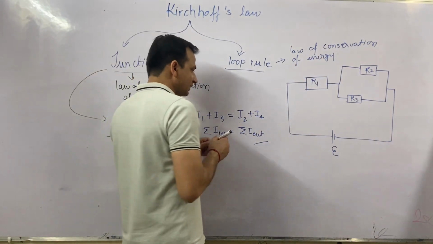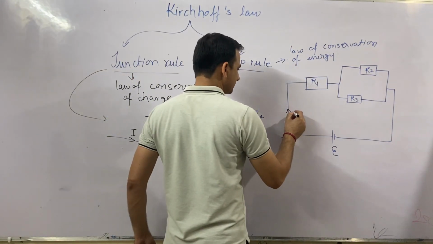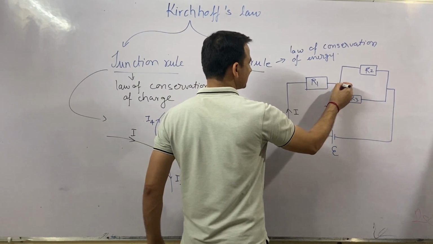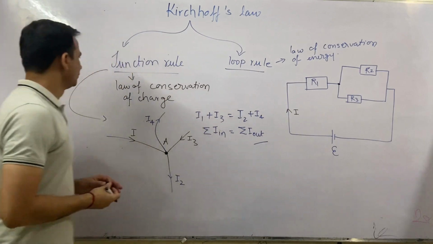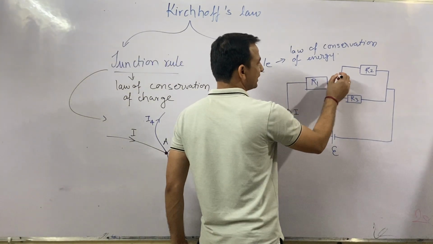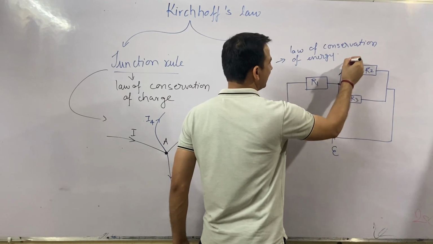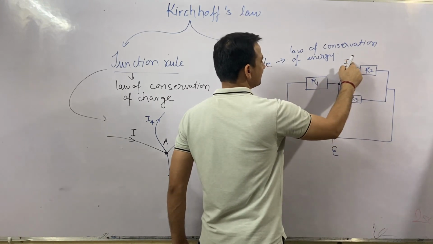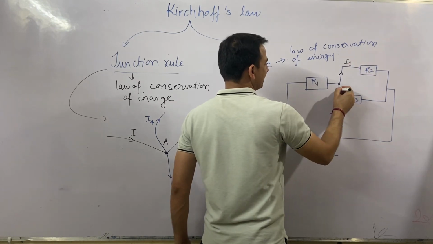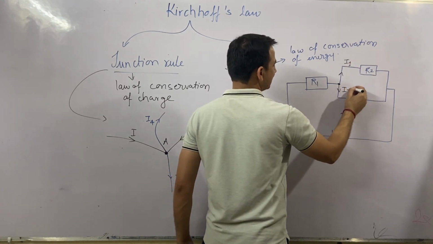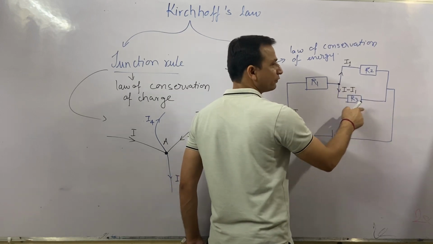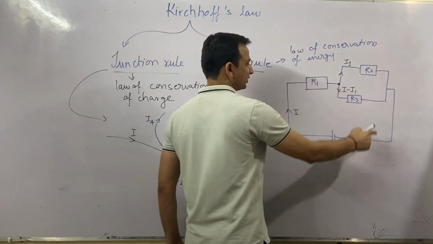Now imagine the current which is flowing in this circuit is I. When current reaches this point, you can apply the junction rule. I current is entering here, it will get divided into two parts. If I1 current reaches here, I minus I1 will flow through this R3.